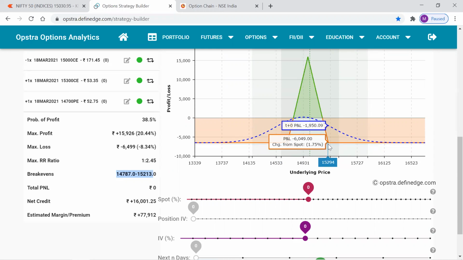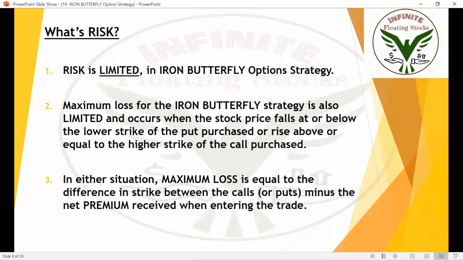See, this point is 15,300, and your maximum loss is after the market crosses 15,300. And towards the lower side, if the market falls below 14,700, then you will be facing maximum loss. This is the 14,700 point. And if the market falls below that, you will be facing maximum loss, which is limited only.